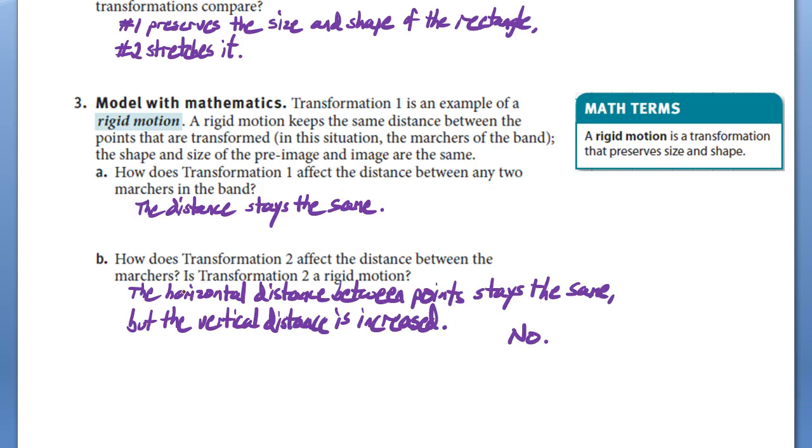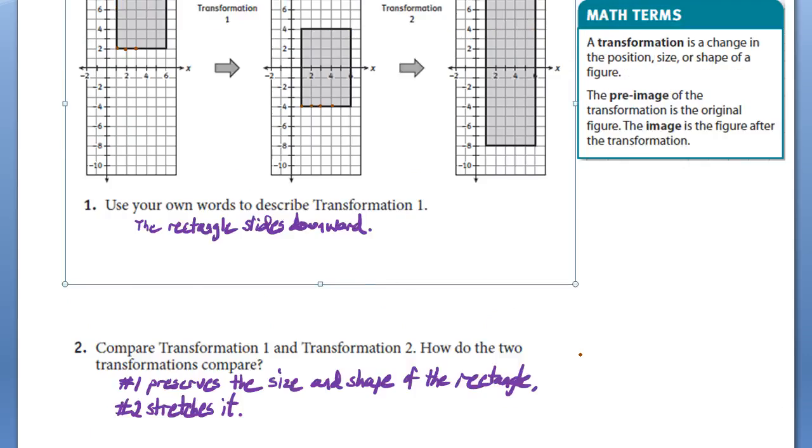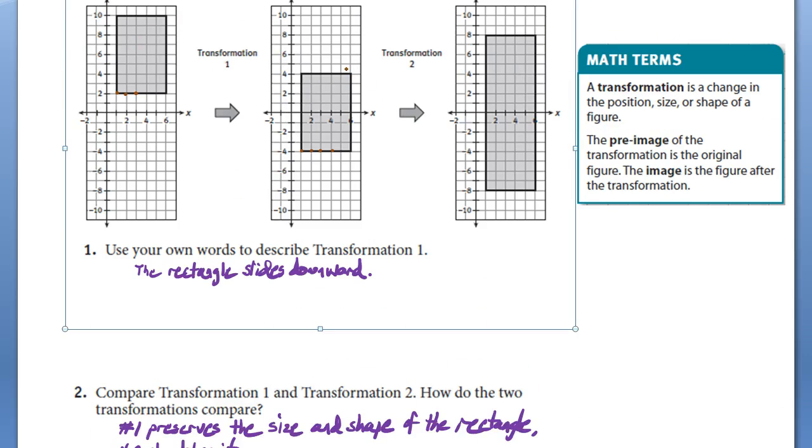Question B. How does transformation 2 affect the distance between the marchers? And is transformation 2 a rigid motion? Well, what happens is that the horizontal distance between points stays the same, but the vertical distance is increased. This is not a rigid motion. To go back to the picture here. Here we had what the rectangle looked like after the first transformation, and now here comes transformation 2.